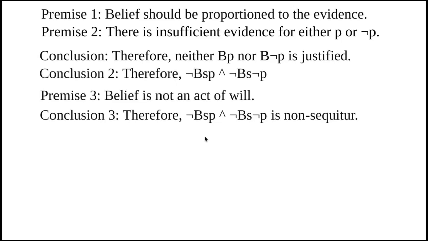Conclusion 2. Therefore, the subject believes neither P nor not P. Premise 3. Belief is not an act of will. Conclusion 3. Therefore, the subject believing neither P nor not P is non sequitur.